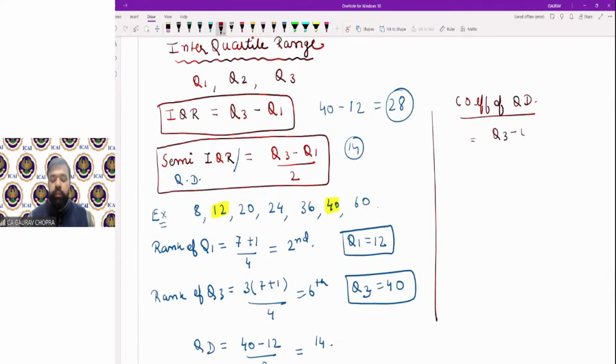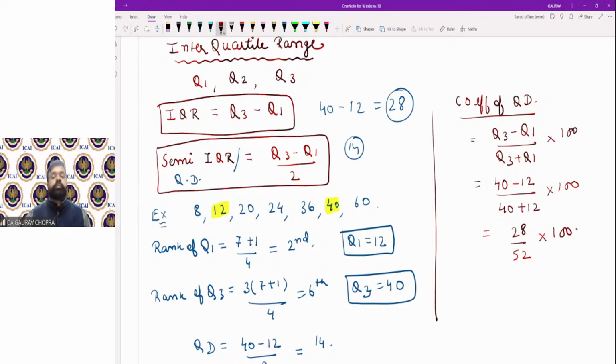Q3 minus Q1 upon Q3 plus Q1 multiply by 100. This is your formula. So 40 minus 12 upon 40 plus 12 multiply by 100. So in this way you will get your answer, that is coefficient of quartile deviation.